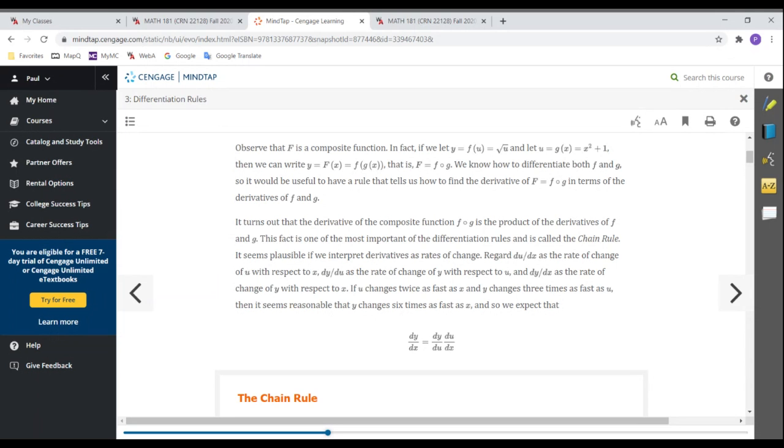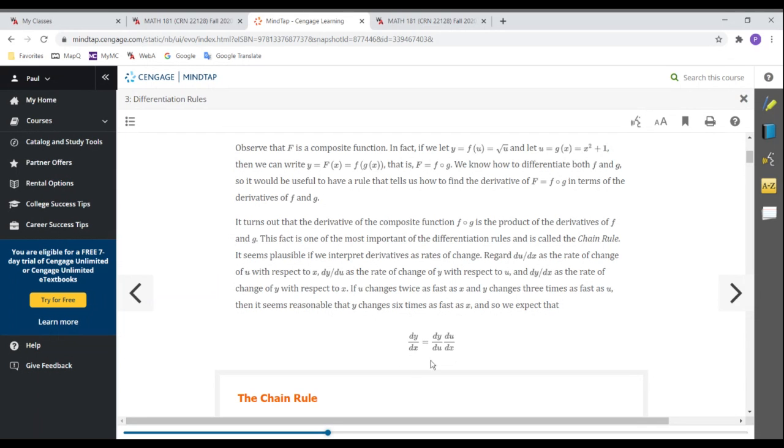In other words, 3 times 2. Because u changes twice as fast as x, and y changes 3 times as fast as u, therefore y would change 6 times as fast as x. We would expect that because we take the rate of y with respect to u and multiply it by the rate of u with respect to x. 3 times 2 is 6.